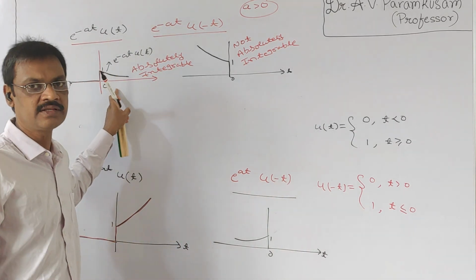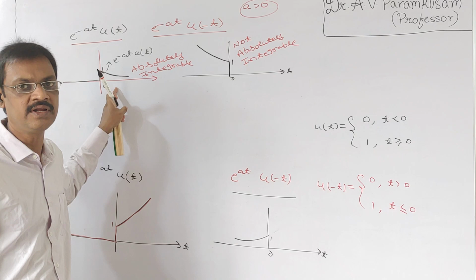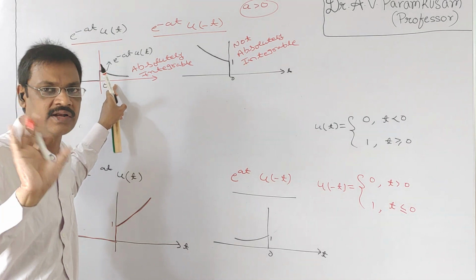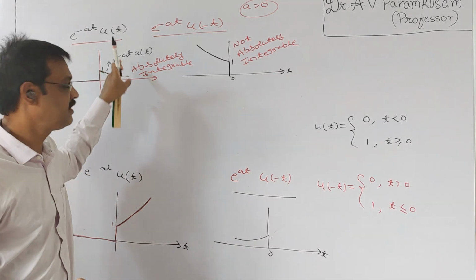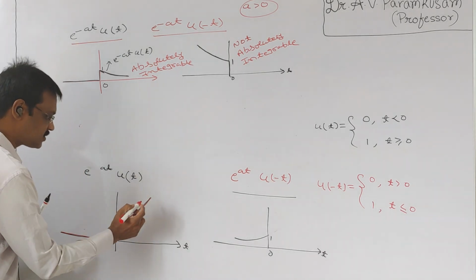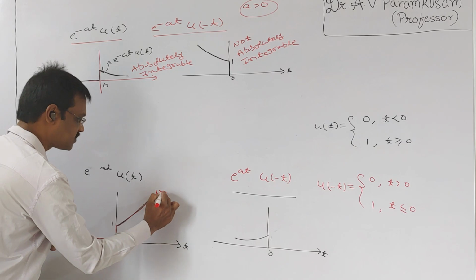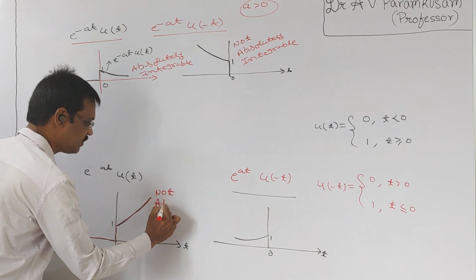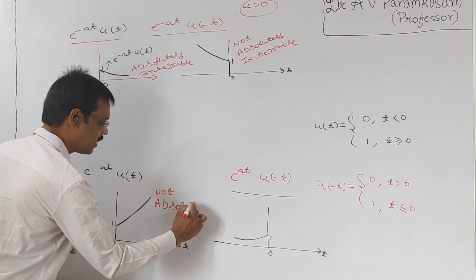Here, if you integrate the signal from minus infinity to plus infinity, definitely you will get a finite value, not infinite. Of course, that finite value is equal to 1 by a. And here also, it is not absolutely integrable.